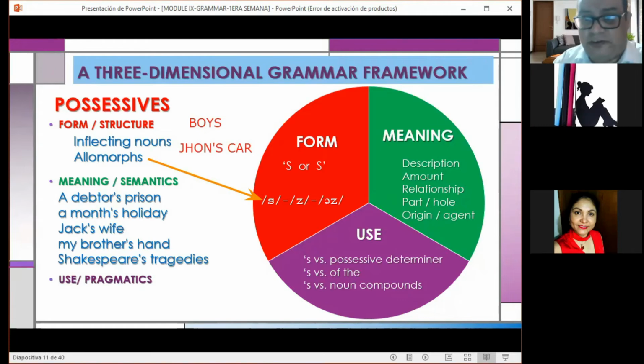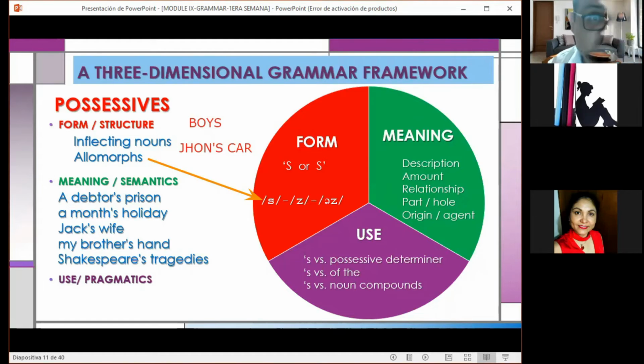We use the apostrophe S to describe something, to talk about amounts, to talk about relationships, like Jack's wife, to talk about part and whole, my brother's hand, to talk about origin, an agent. Notice the different meanings that we could give to the apostrophe S.